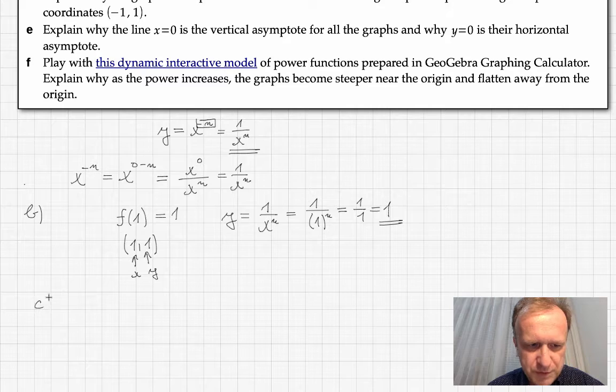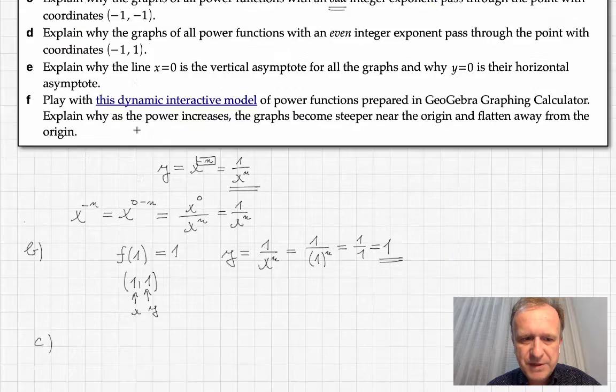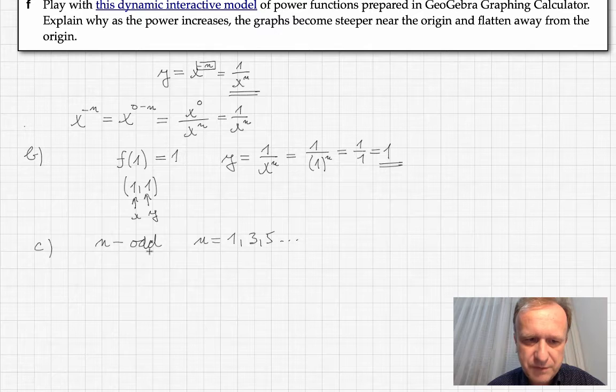Okay, let's move on to part C. In part C, explain why the graphs of all power functions with an odd integer exponent pass through the point with coordinates -1 and -1. Okay, so imagine that n is odd. So maybe, for example, n equals either 1, 3, or 5 in our case, and it can assume all the other odd values, of course.